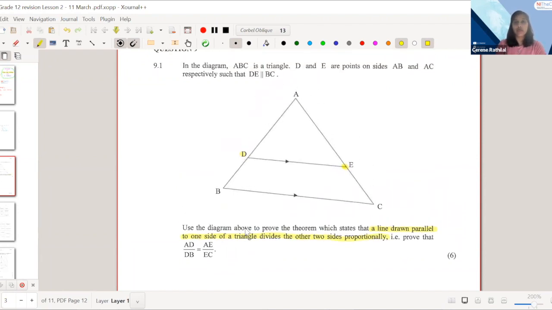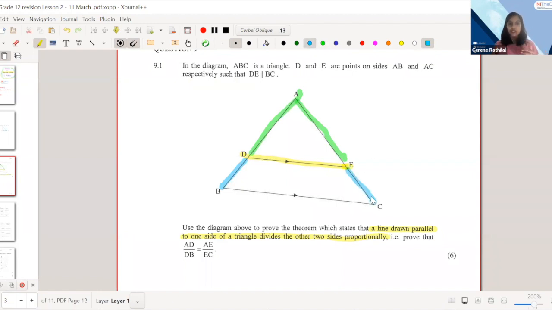So essentially, it is saying that this line DE has been drawn parallel to one side of the triangle, in particular BC, and what this line DE does is it will divide this triangle's sides proportionally in the following sense, that we would have AD over DB is equal to AE over EC.